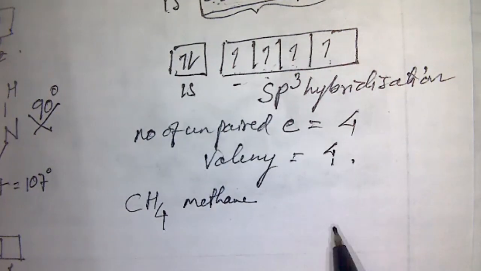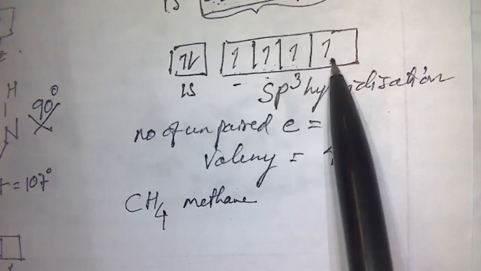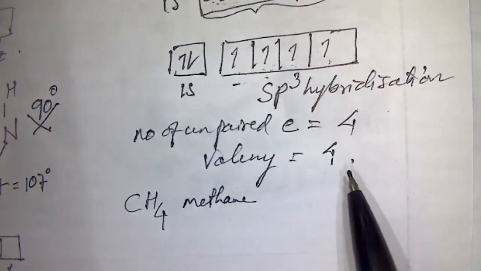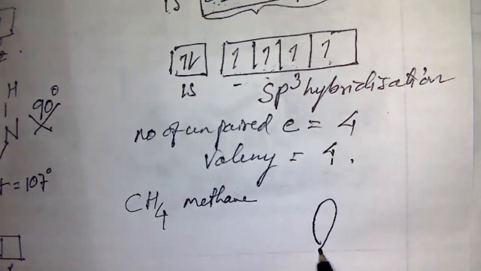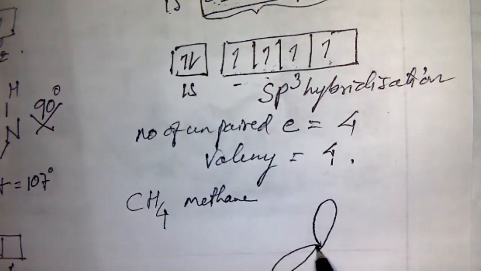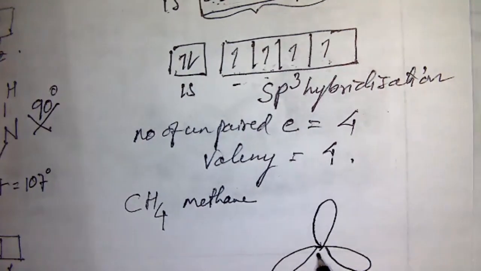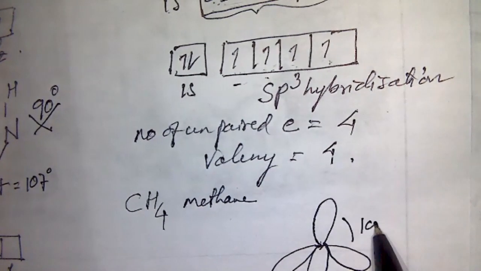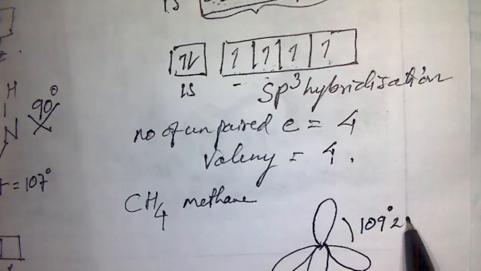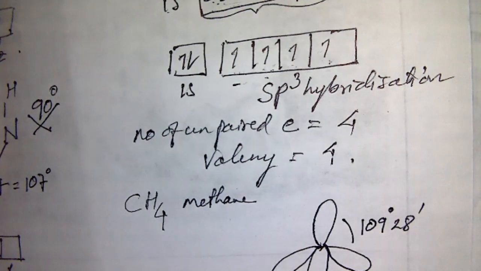If you take these 4 things, the orientations are completely different. So how are they oriented? They will be like this. If I take the orientation, it is like this: 1, 2, 3, and 1 coming in front. So these angles are now fixed. This angle is 109 degree 28 minutes.